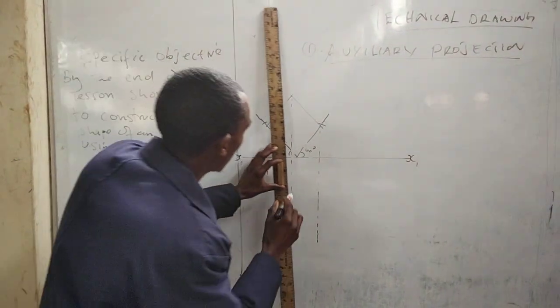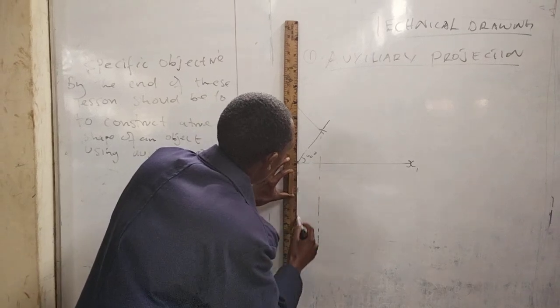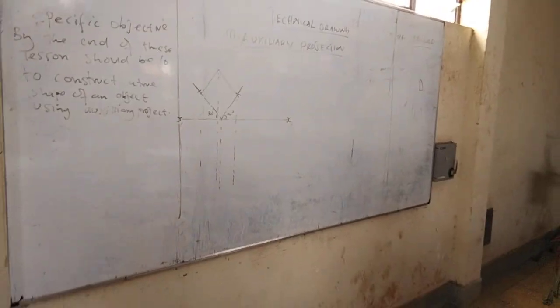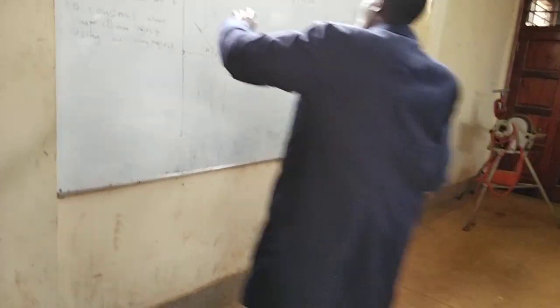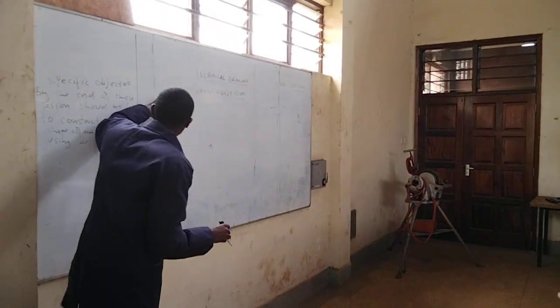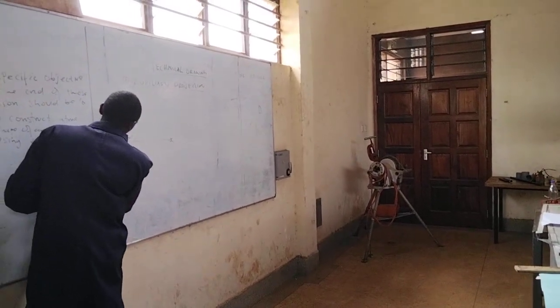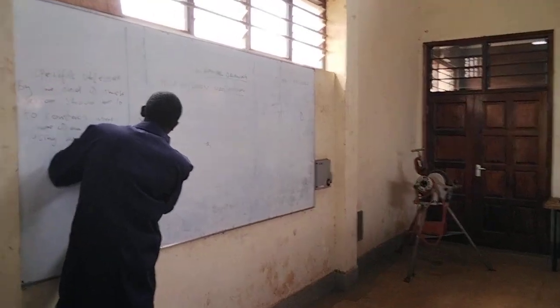Are you seeing what I have done? Are we together? Yes. Okay. After that, you measure 15 millimeters and then you transfer from this.